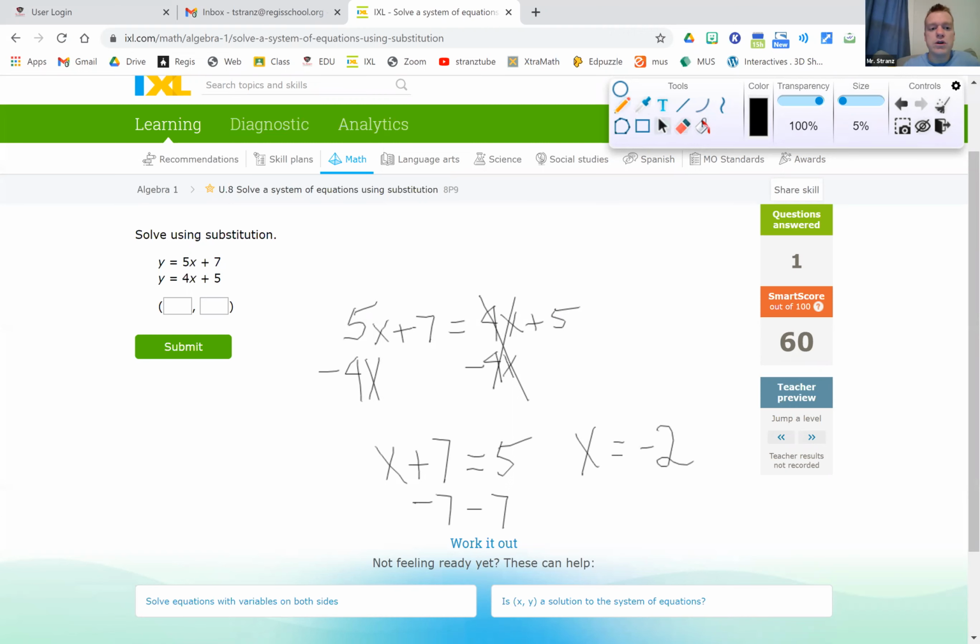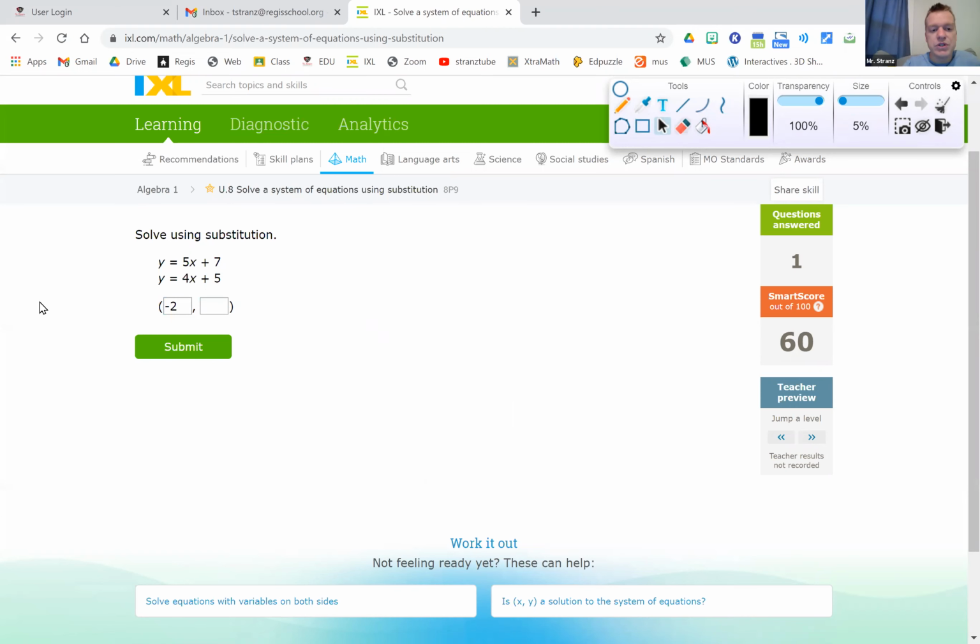Okay, so I can already go ahead and put this in here. I already know that this is going to be negative 2. Now I just got to find out what y is going to be. To do that, I'm going to take my negative 2 and plug it into one of these equations. Again, it does not matter which one. I'm going to do the top one. So I have y equals 5 times my x, which I said was negative 2, plus 7.